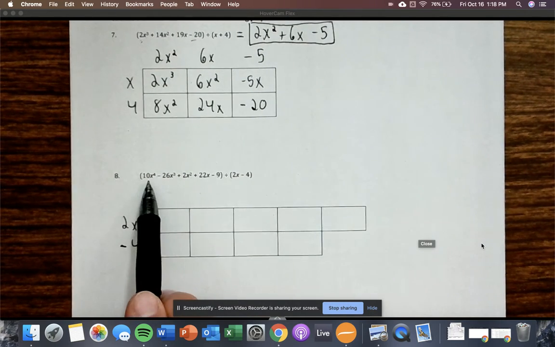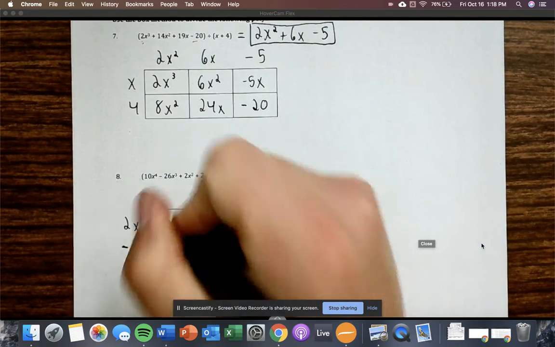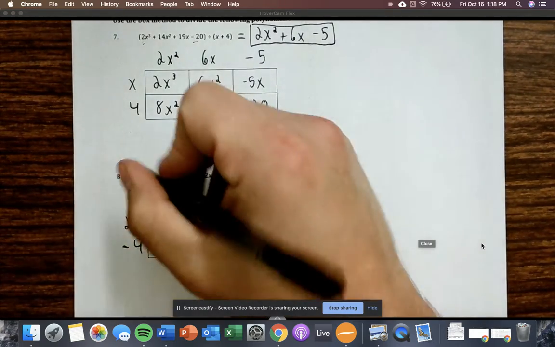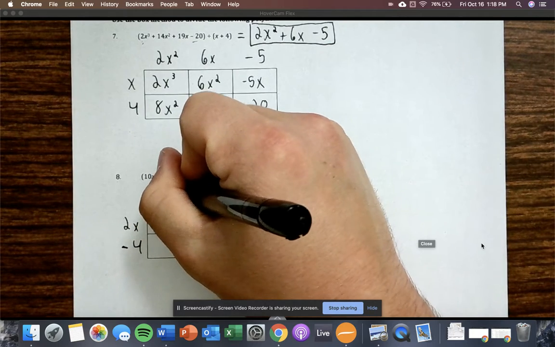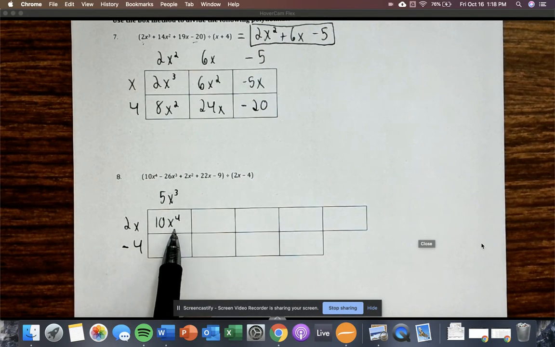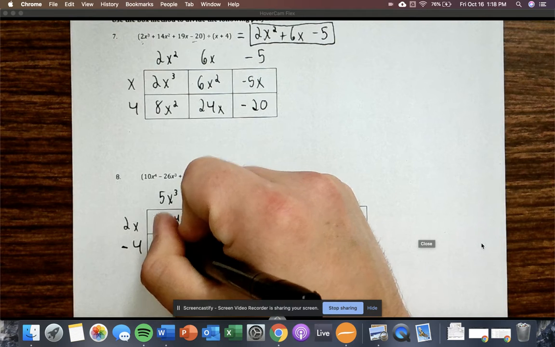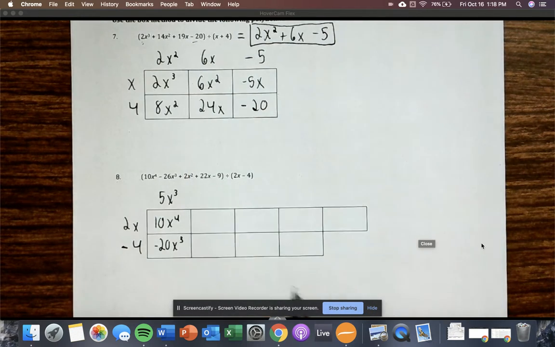Our number with the biggest exponent here is this 10x to the fourth. And I know 2x times 5x cubed is going to be equal to 10x to the fourth. Then I can multiply this out, right? Negative 4 times 5x cubed is negative 20x cubed.